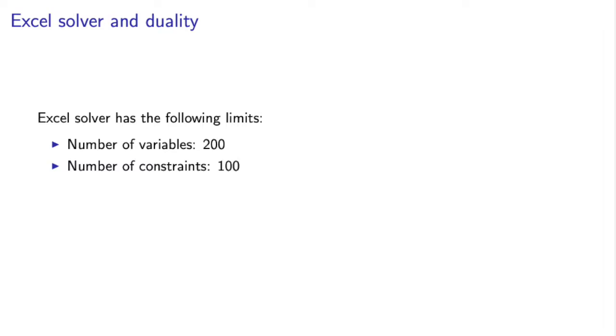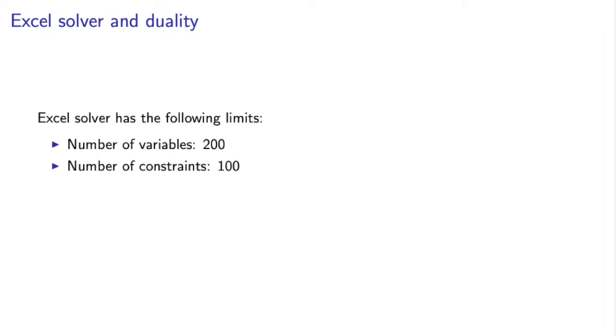No idea. Is it, like, 100? Your guess is right for the constraints, but the limit on the number of variables is 200. Impressive. Compare it to the models with millions of variables and constraints we can handle with AMPL. I know, right? Anyways, 200 variables and 100 constraints it is.